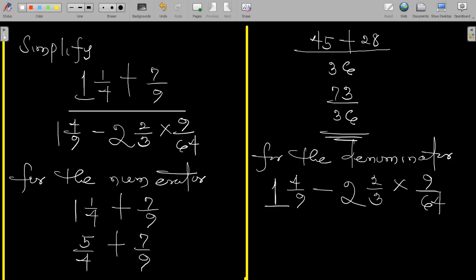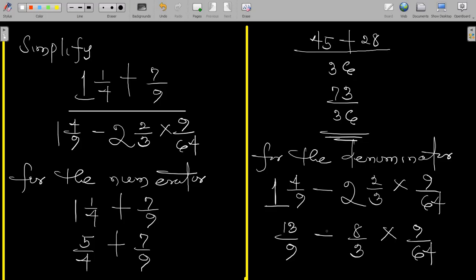The first thing we need to do is to convert everything to improper fractions. 9 times 1 is 9 plus 4, we have 13 over 9. Then minus 3 times 2, we have 6, 6 plus 2, we have 8 over 3. Then times 9 over 64.